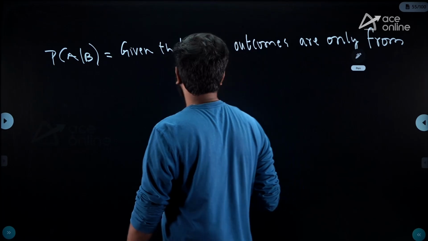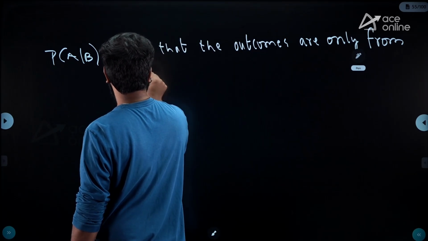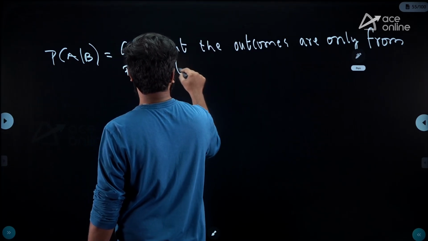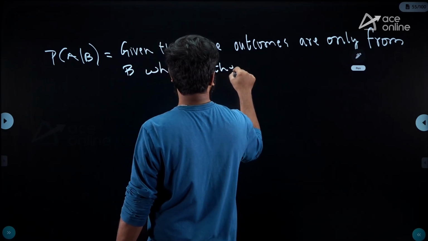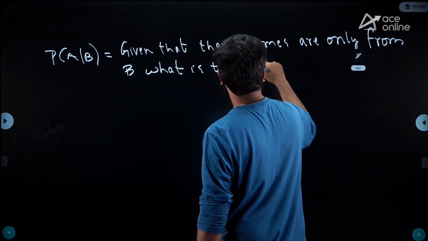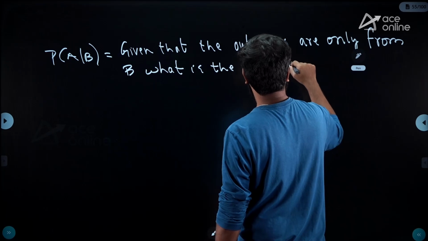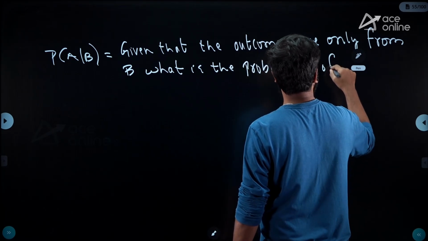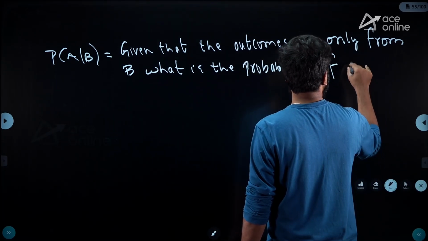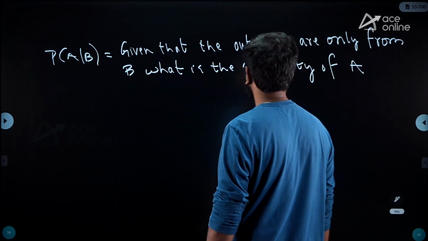Given that the outcomes are only from B, what is the probability of A? This is how it is read.